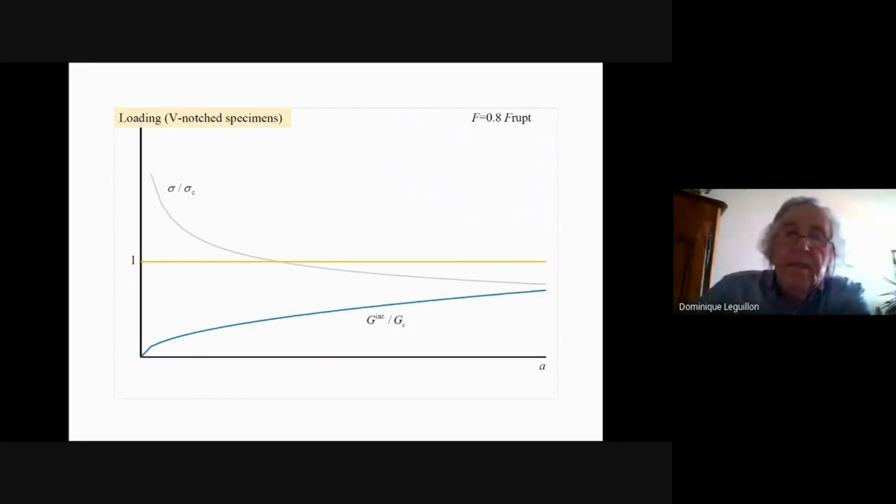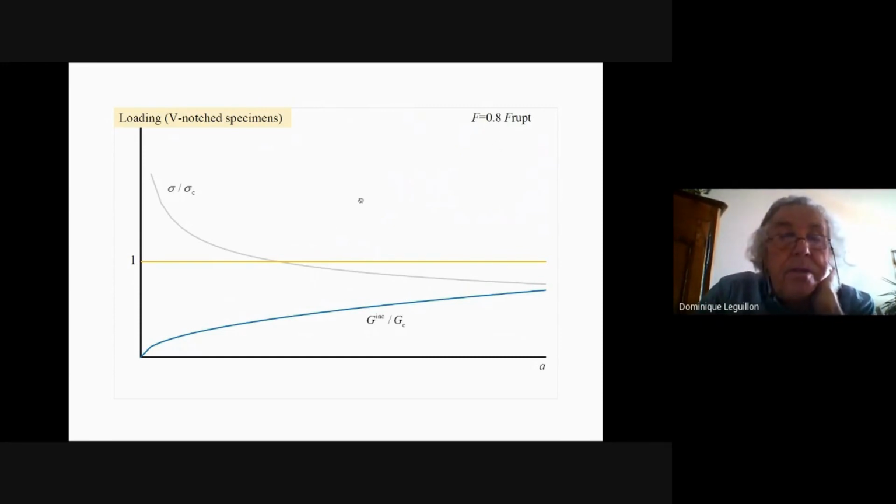This is the more classical case here. This is sigma divided by sigma c, okay? And you get this decreasing function. This is the distance to the V notch, A. The stress here, the energy conditions, it is an increasing function of A, and this is obtained for 80% of the force at failure.